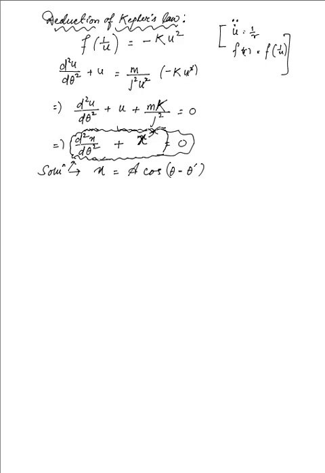And with that solution, because we know that instead of x, what we have used is this term for x, so u plus mk divided by j squared on the left hand side, that is equal to a cos theta minus theta dash.